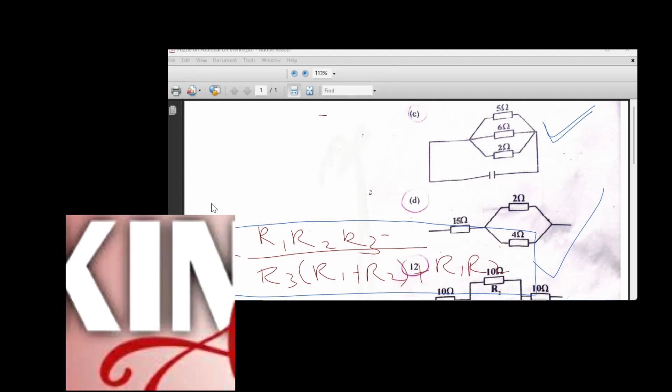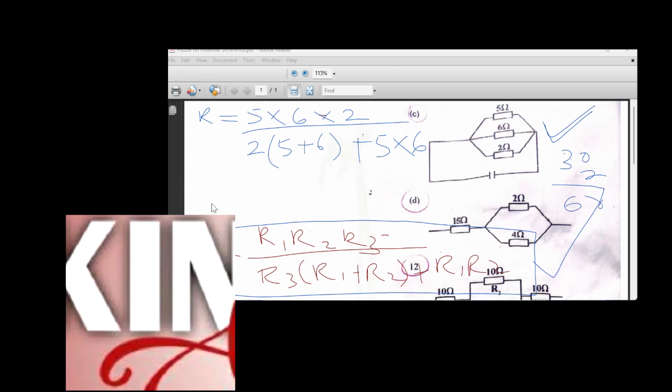So our R is equal to R1 is 5 times our R2 is 6 times our R3 is 2 divided by our R3 is 2, open bracket, our R1 is 5 plus 6 all together, plus R1 is 5 times R2 is 6. So 5 times 6 is 30. 30 times 2 is 60.